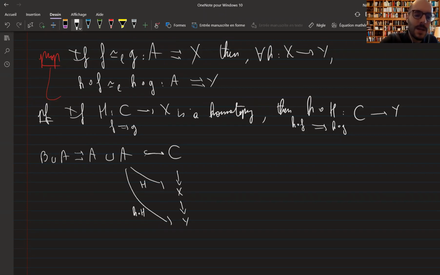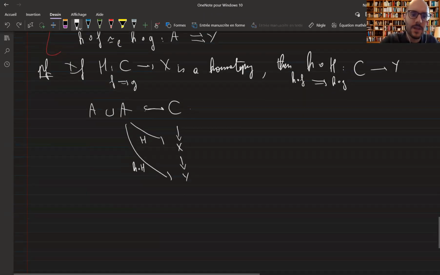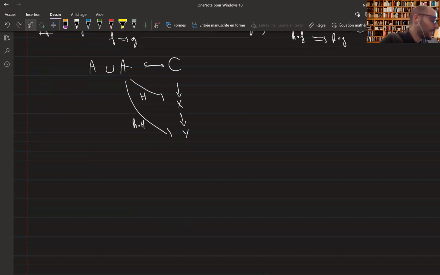If you have any map from B to A, and you have a morphism like this, then you can try to pre-compose like this, but what I'm trying to say is that this is not necessarily a cylinder, right? So you have to work more in order to prove that there is a left homotopy.